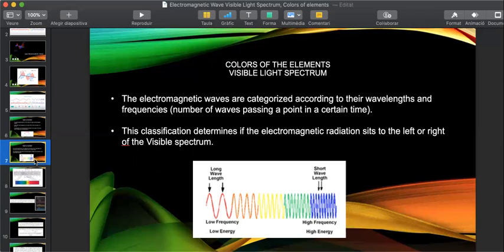On the other side, we will find the short wavelength, but at a high frequency. And it's the blue color. Blue color will have a high energy. This is very important.